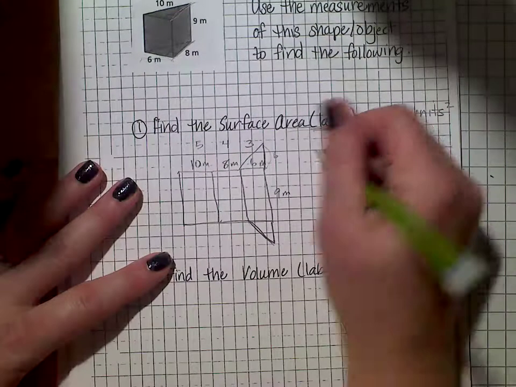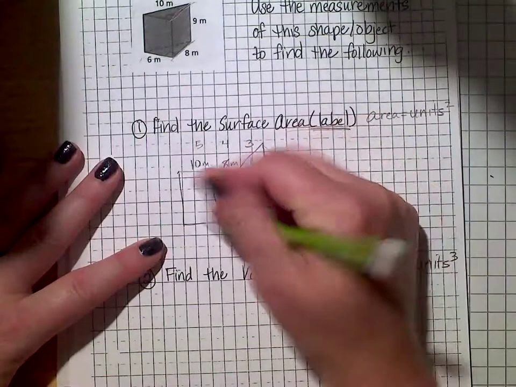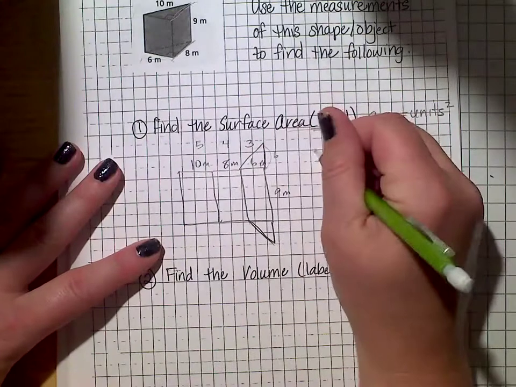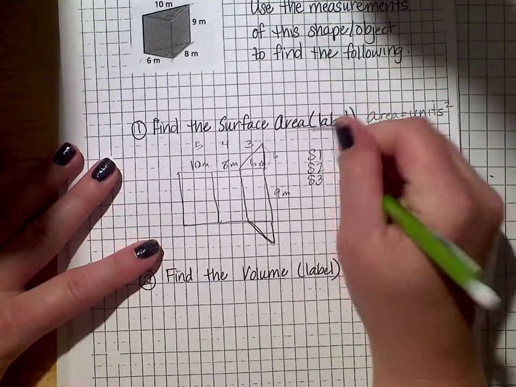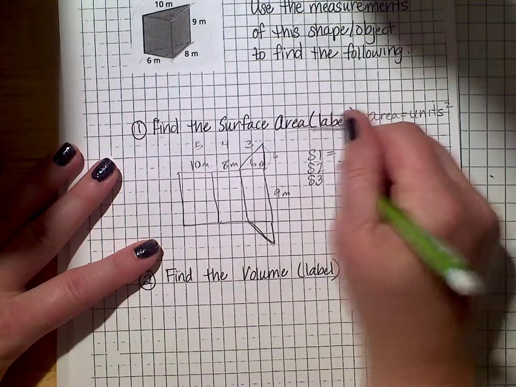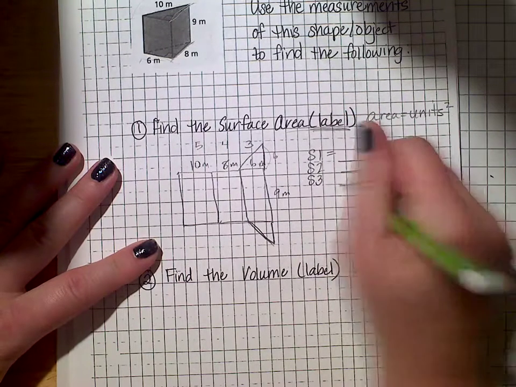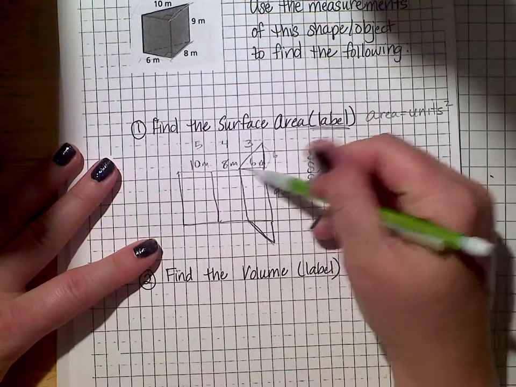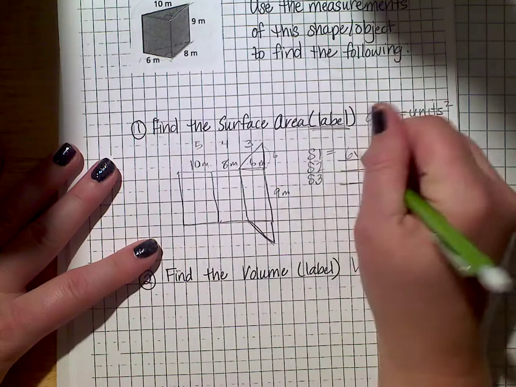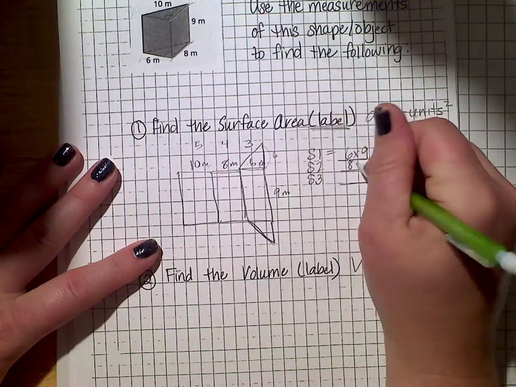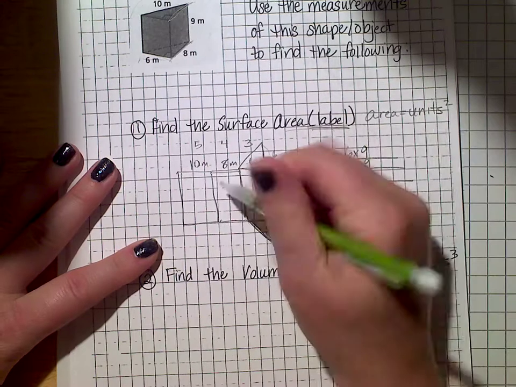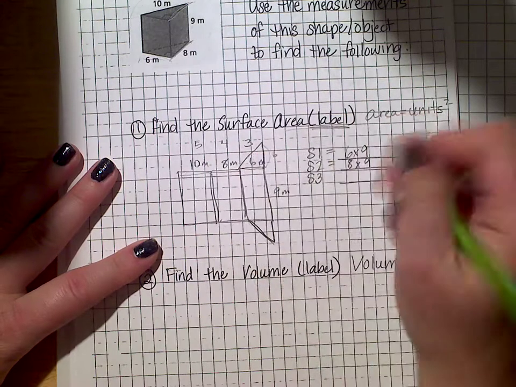So for your triangle, we have 3 rectangles, which are your sides. So side 1, side 2, and side 3. And we're going to just write the equations. So we have a 6 by 9, an 8 by 9, and a 10 by 9.